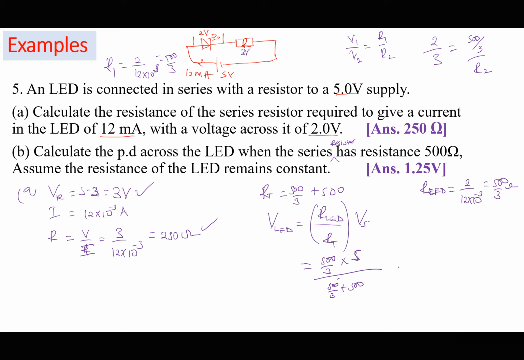Okay, I'm just going to press my calculator here. 500 divided by 3 times 5 divided by 500 plus 500 over 3.